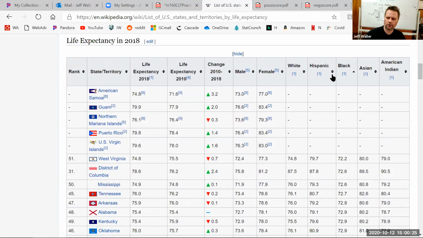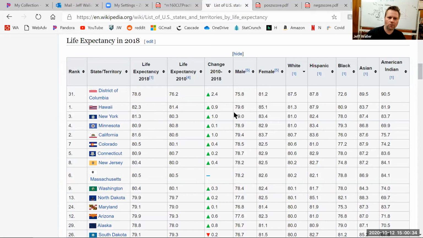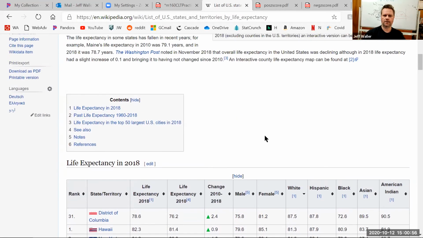DC has one of the worst life expectancies for black people. And then in terms of white people, they have the best. So that is really, I'm not even sure what word to put on that. If you've ever been to DC, has anybody ever lived in DC? If so, I'm really sorry. It does need some help. It's not the best place. Anyway, all right. Enough of that.